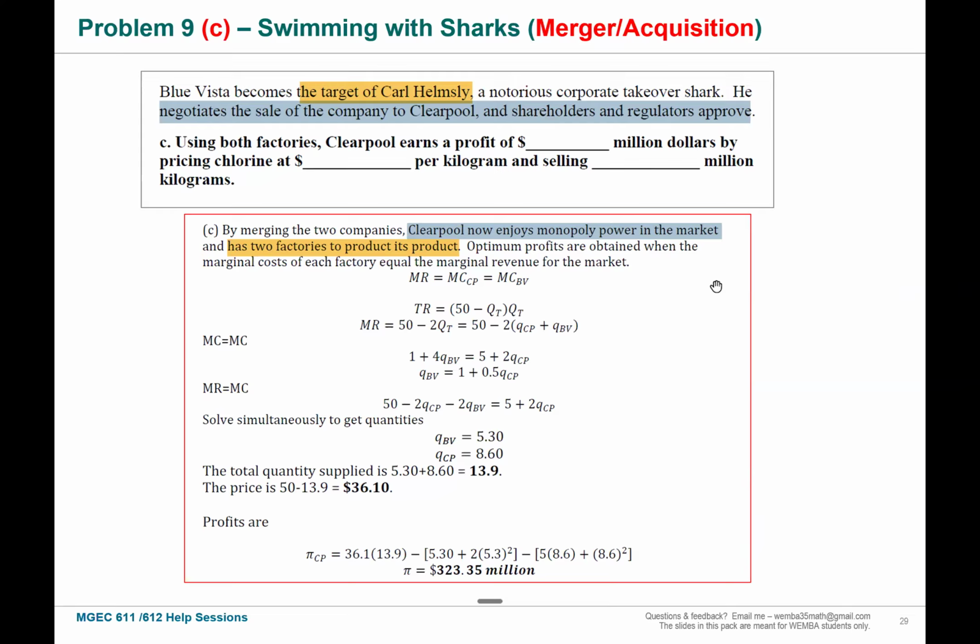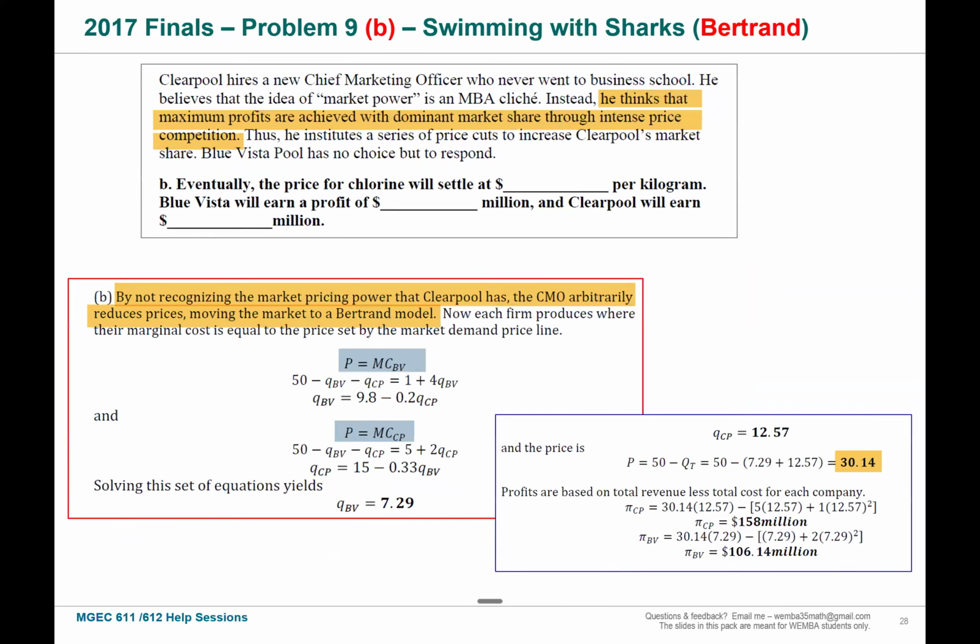I had a question about the Bertrand and Stackelberg. In the prior example, someone makes a move first, and the other company is forced to respond. But the wording of the example makes it clear it's a Bertrand.